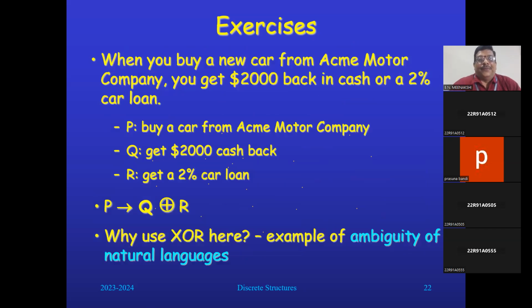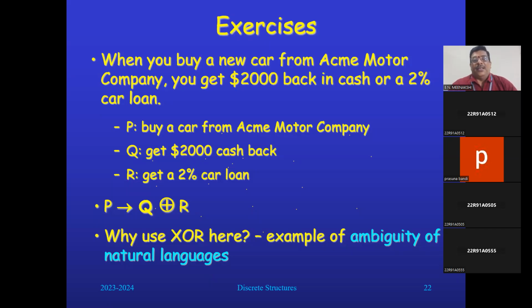Then what is the second one? When you buy a new car from Acme Motor Company, you get $2,000 back in cash or a 2% car loan. So this is the proposition that they have given.